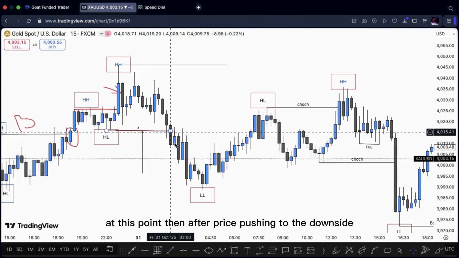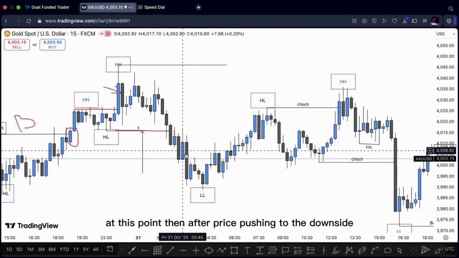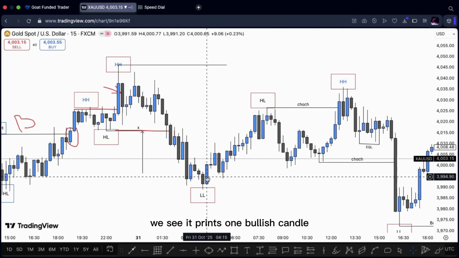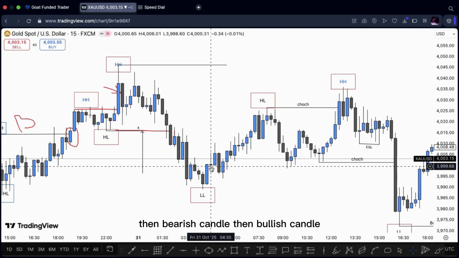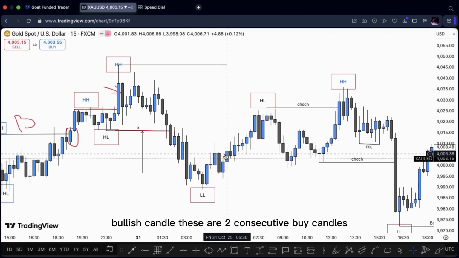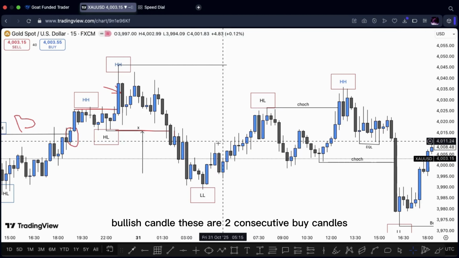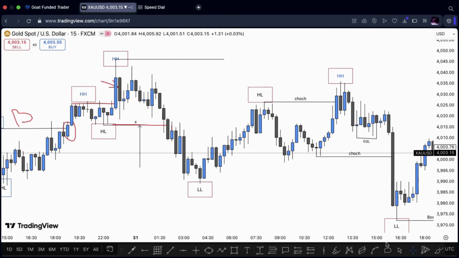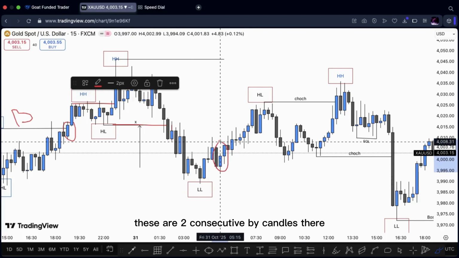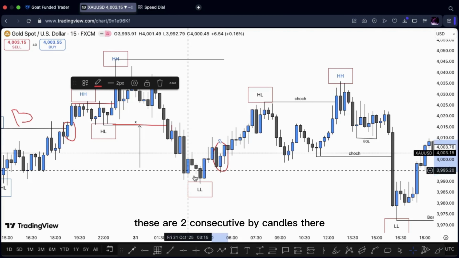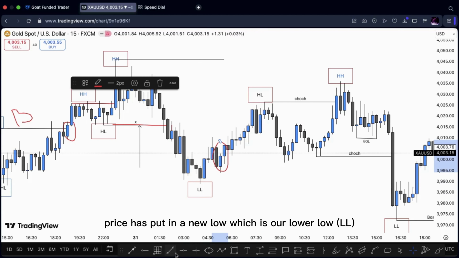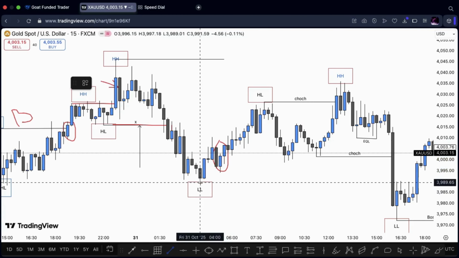Then after price pushing to the downside, we see it prints one bullish candle, then a bearish candle, then a bullish candle, a bearish candle, then a bullish candle. These are two consecutive buy candles. There, price has put in a new low, which is our lower low.